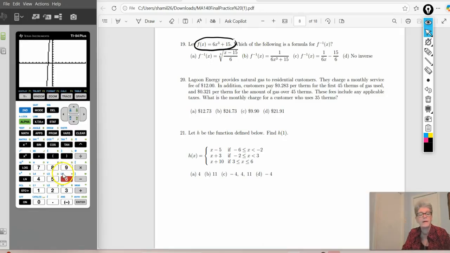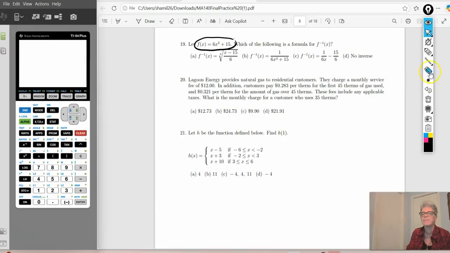Okay, so it clearly passes the horizontal line test, and you could change the window just to make sure. Okay, so I'm confident that that is invertible.